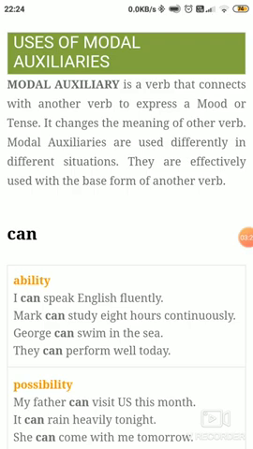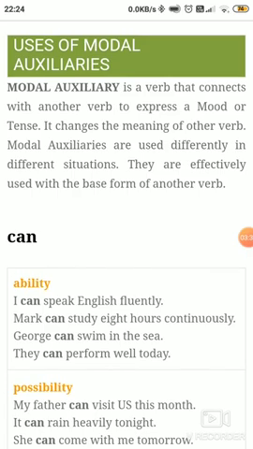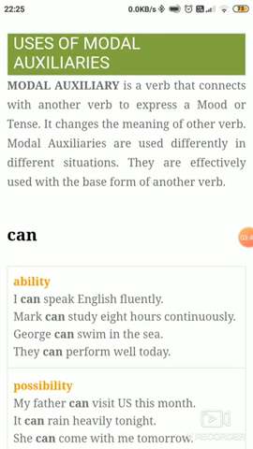What is the exact purpose of modal auxiliaries in English sentences? Modal auxiliary is a verb that connects with another verb to express a mood or tense. It changes the meaning of the verb. Modal auxiliaries are used differently in different situations.